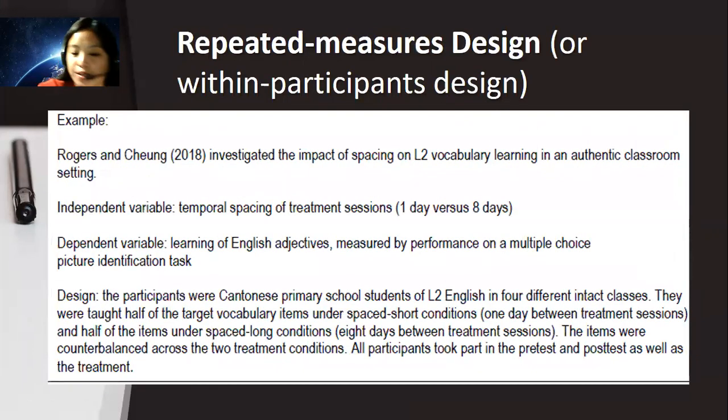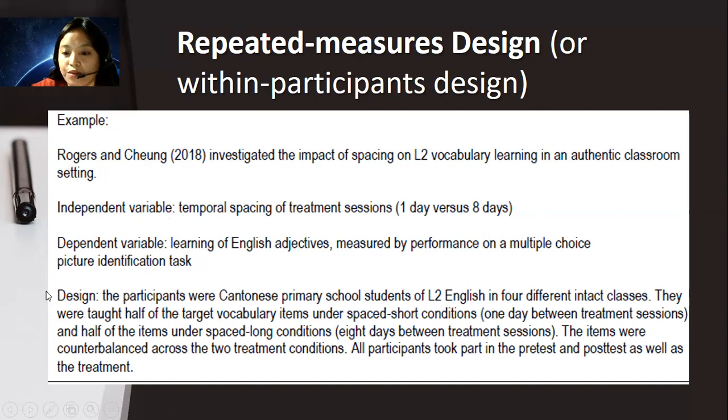And the repeated measures design, also known as within-participant design, is characterized by a single group of participants who take part in all the different treatment conditions and are measured at multiple times. You have to be very careful when you look for one single variable. In a within-participant design, the participant is subjected to all levels of the independent variable.